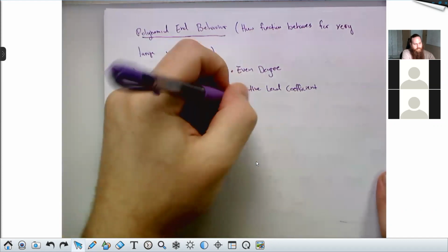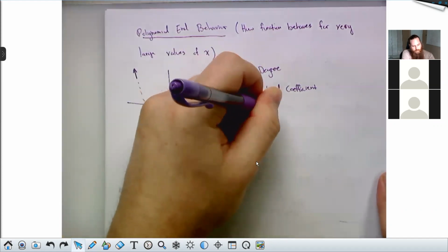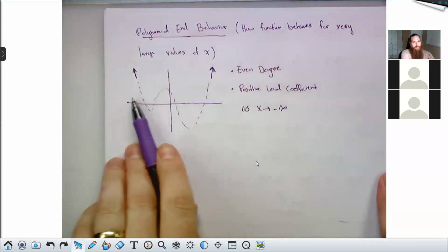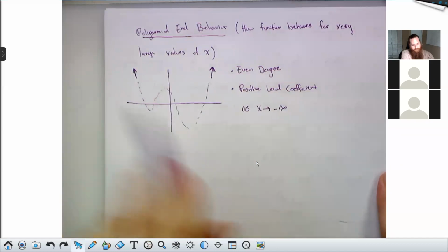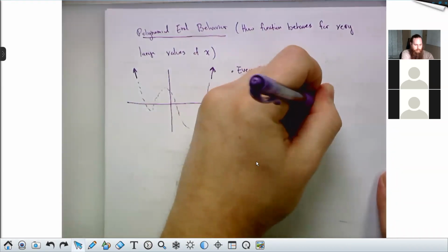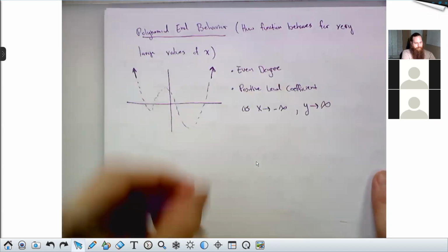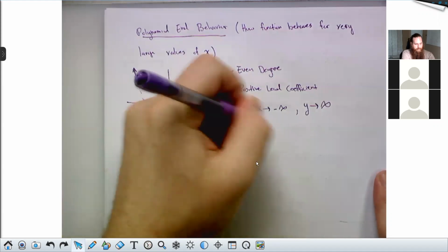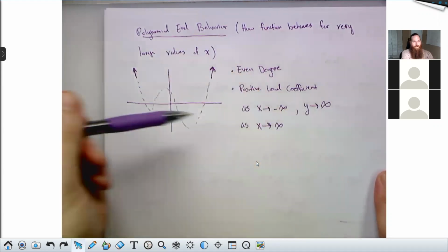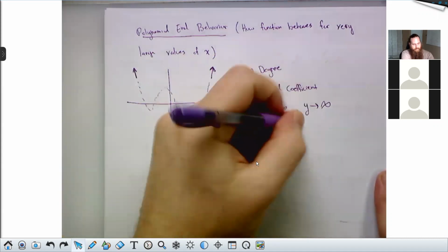The way we express this is we say as x goes to negative infinity, this is as we wander off to the left, y goes to positive infinity. And as x goes to positive infinity, as we wander off to the right, y also goes to positive infinity.